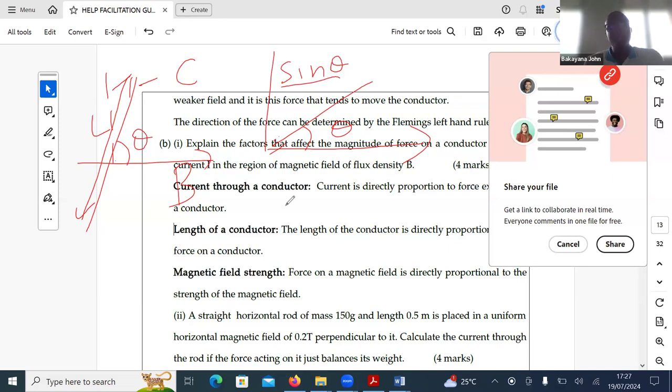Meaning that the factors that affect the force will be the length of the conductor, magnetic flux density, and the sine of the angle between the conductor and the magnetic field. Is that okay?